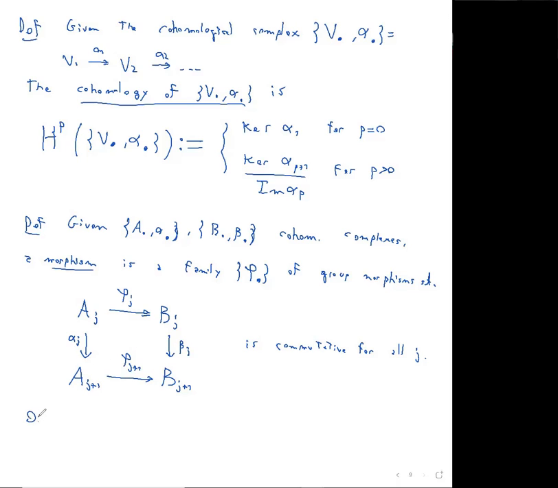And the cool thing here, since these are group morphisms and everything commutes, is that a morphism of homological complexes induces a morphism between cohomologies, where you still use phi, but now we use the p above.